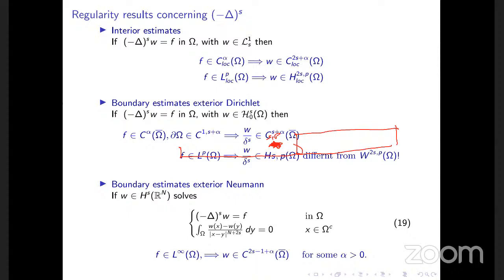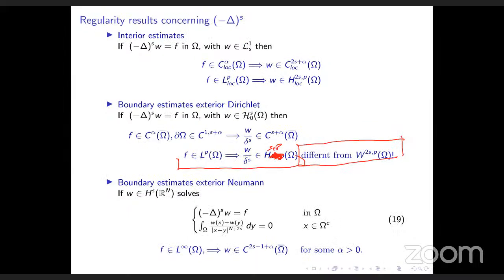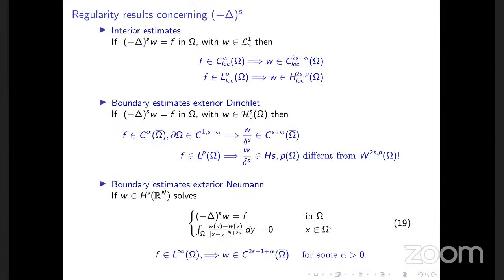This is a result that was proved by Ros-Oton and several different authors. So the only result that you know is 2s minus 1 plus alpha.